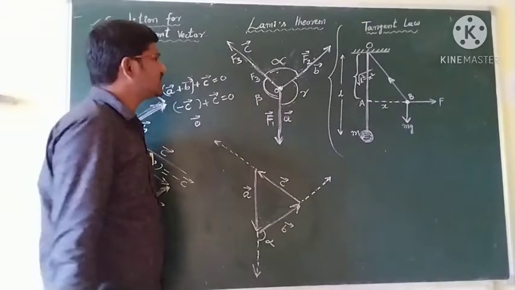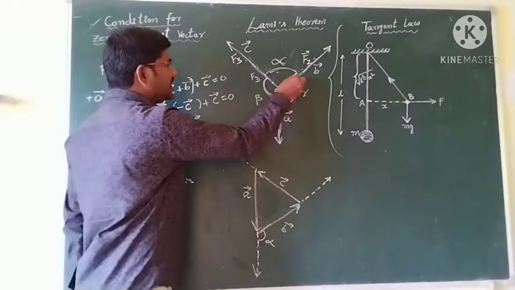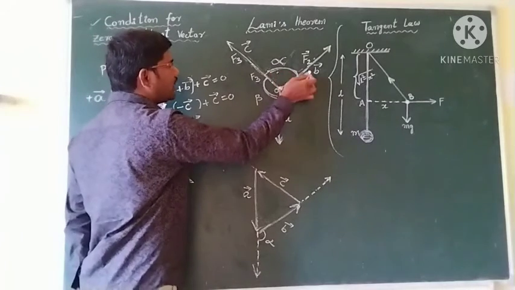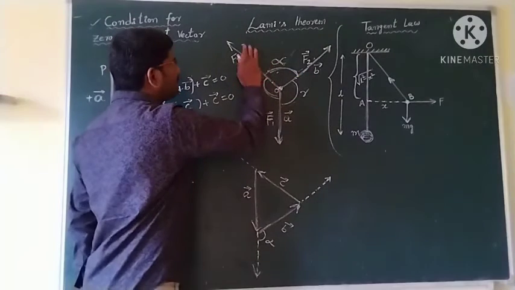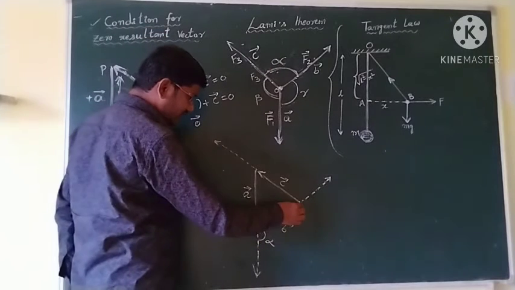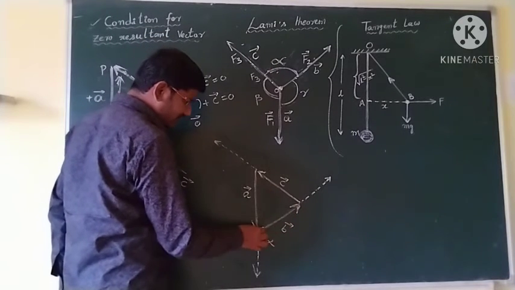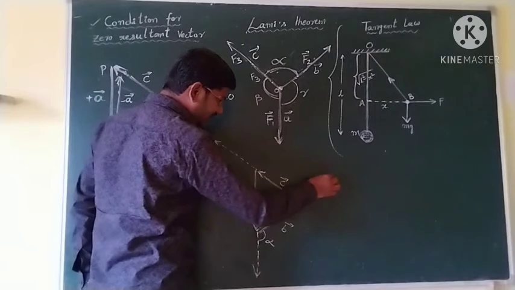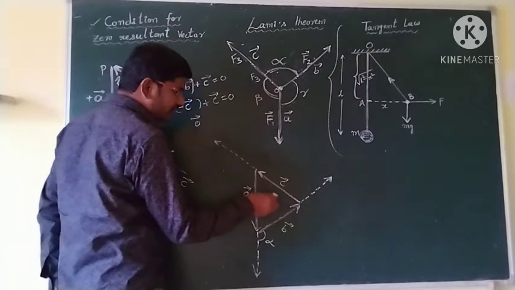Okay students, now see, here alpha is the angle between what and what? B bar and C bar. So this is the B bar vector direction and this is the C bar vector direction.